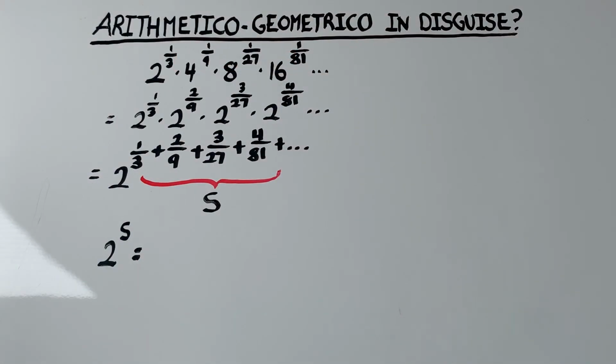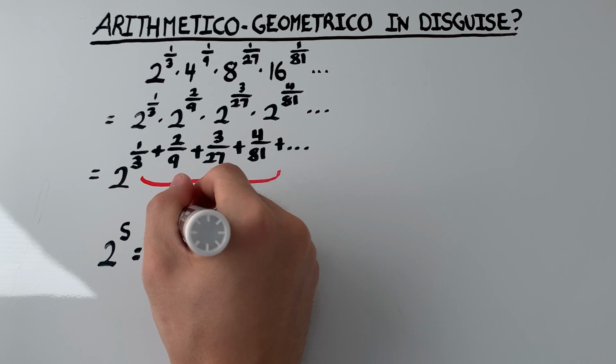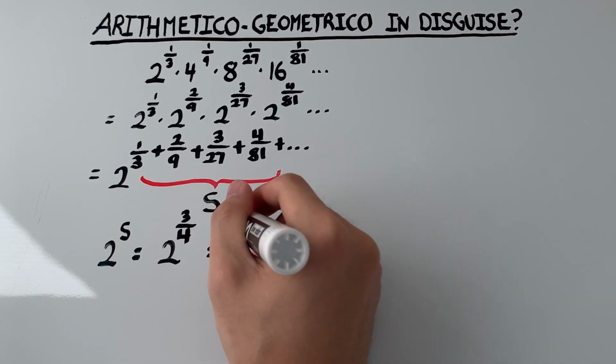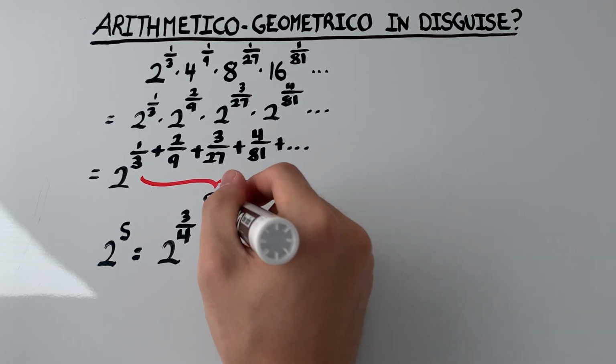Now since we found that S equals 3 over 4, our answer is 2 to the S, which is 2 to the 3 over 4, which simplifies to the 4th root of 8.